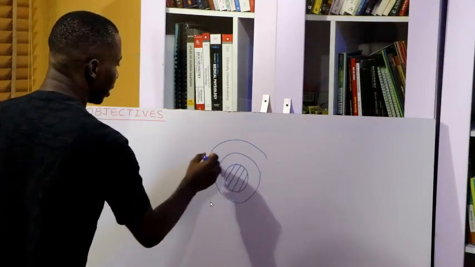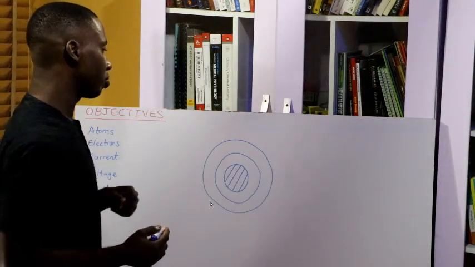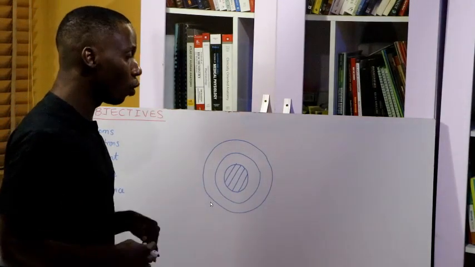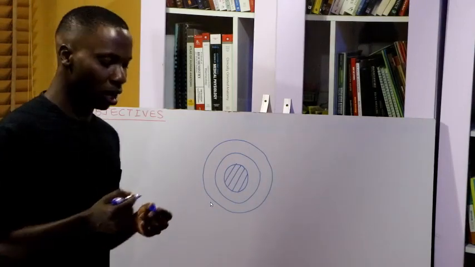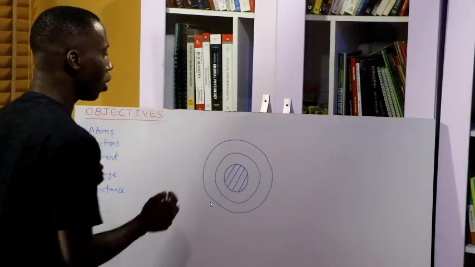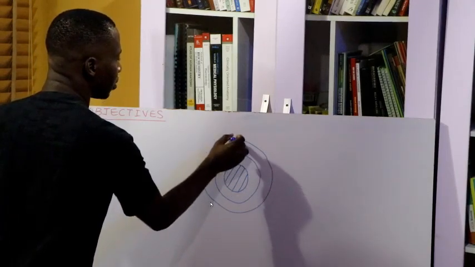Though it depends on the kind of atom you're talking about, there will be a nucleus and orbits. Now, around the orbits or along the orbit, you have electrons.